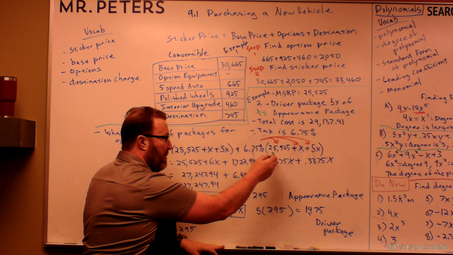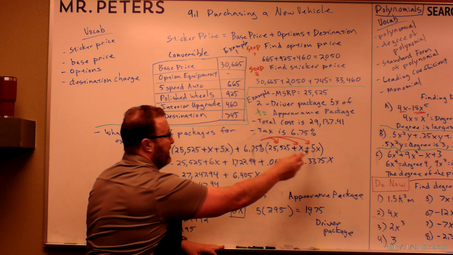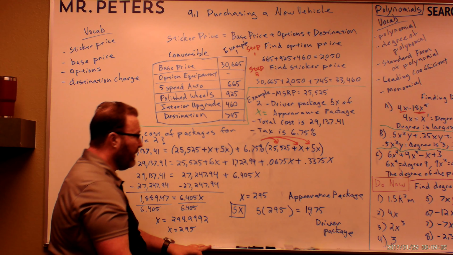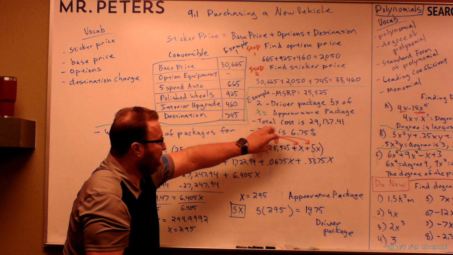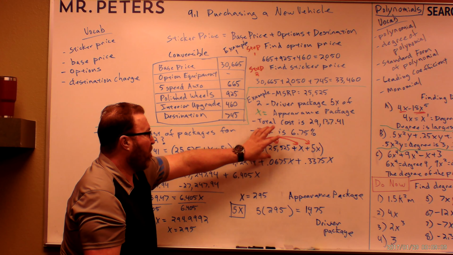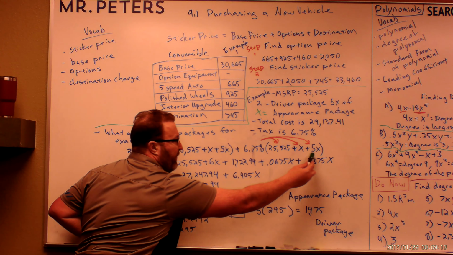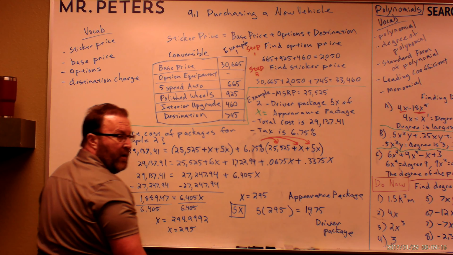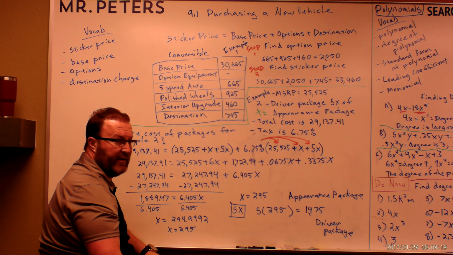So if we add the tax, we multiply it by the price, take the tax and multiply it by the appearance package, we can figure out what the total tax is. Understand, this isn't taking the cost of the vehicle and duplicating it, it's just the tax. Look, all this information times the tax, right? So this part is determining what the tax is, this part is determining what the cost is.